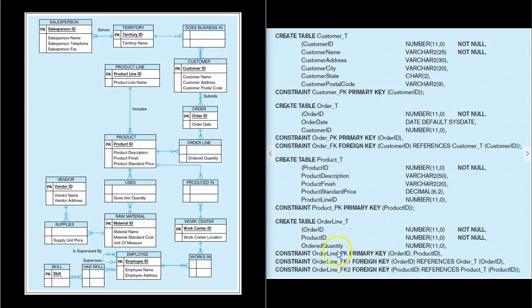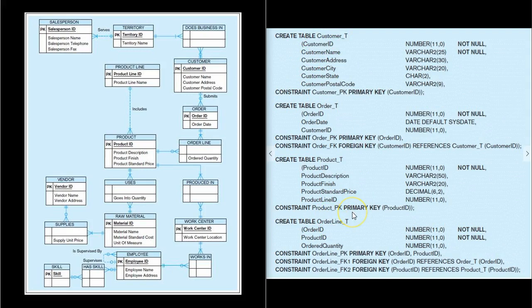And of course, every table that we create is going to have to have a primary key. So we make sure that we do that, and then establish the foreign keys, which reference the order table and the product table.